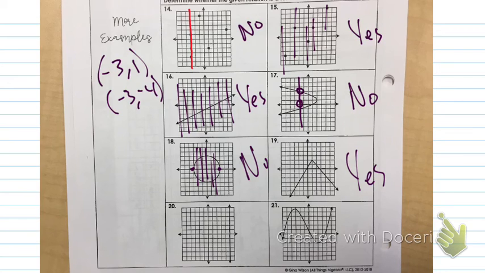Number 20. Max. So on number 20, that would be yes. So let's do a vertical line test. Tell me how many places it crosses. Is it crossing more than once? So no, I guess. Okay, why not?